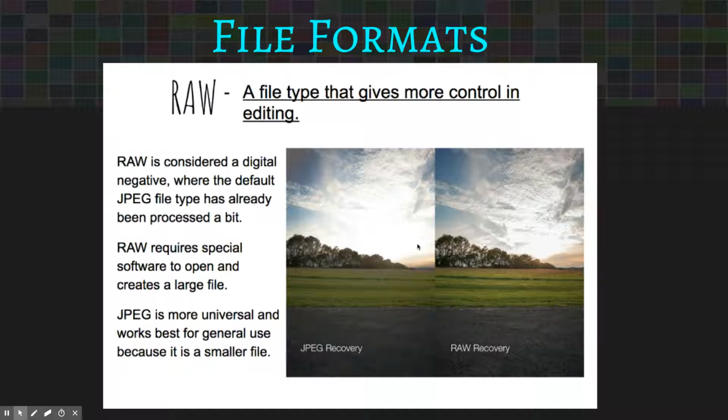Now, there was a file format that you saw, RAW. If you have a DSLR camera, you are able to photograph in this RAW file type. A RAW file is created inside of the camera, and it's just a change of the setting.